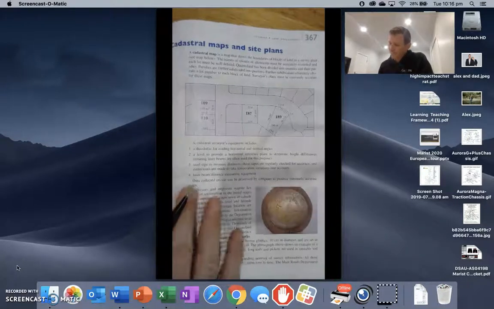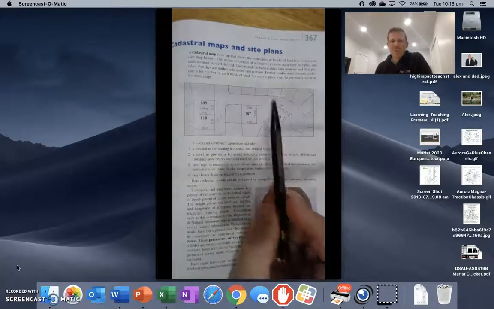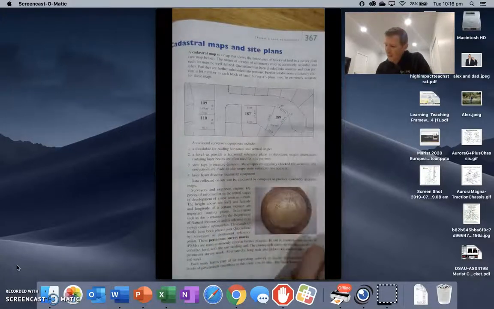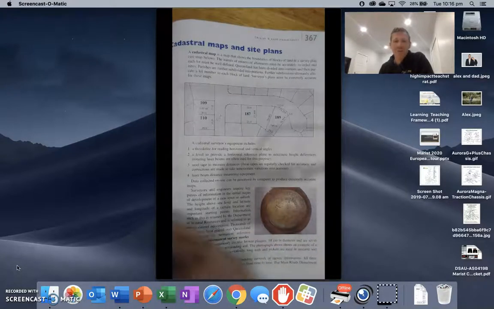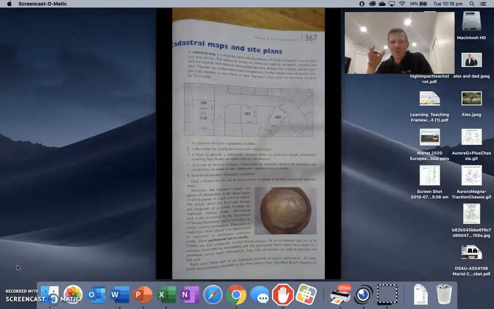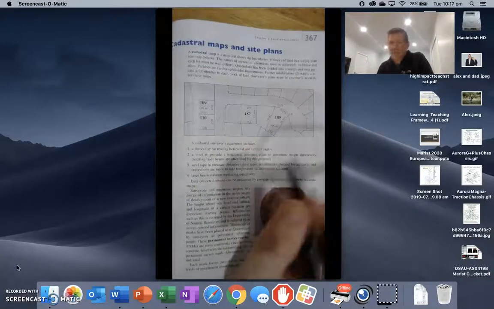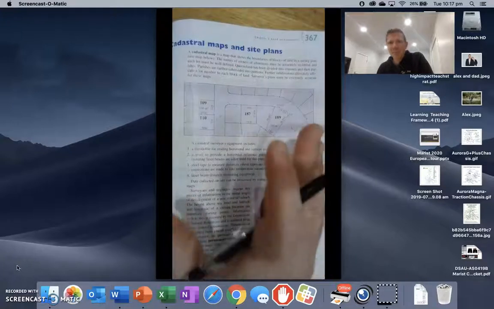Now, in terms of what a cadastral surveyor would need, there are four main things. A theodolite, if I can pronounce that correctly, for measuring horizontal and vertical angles. A level, so they can work out relative heights. A steel tape. We use a steel tape rather than a plastic tape for accuracy.